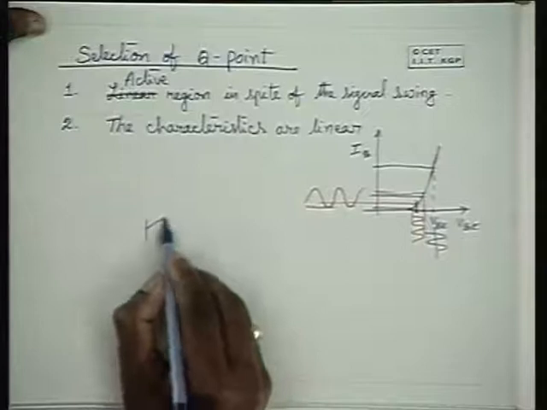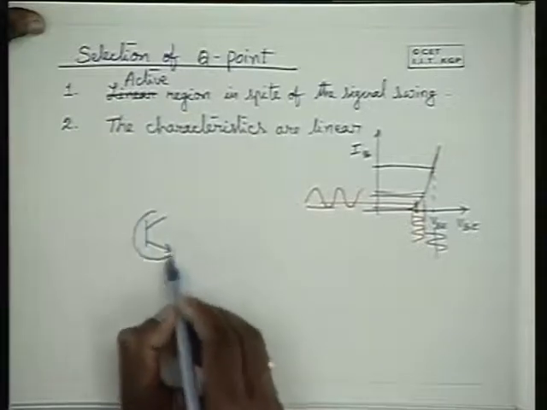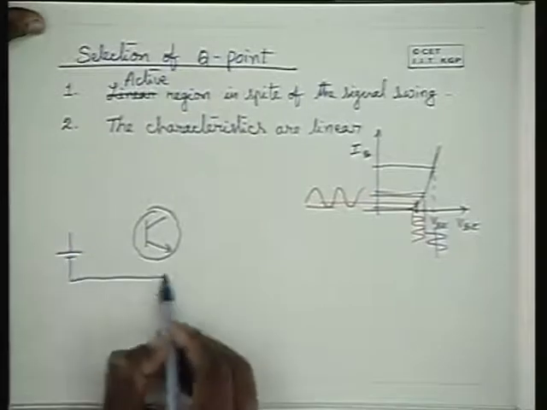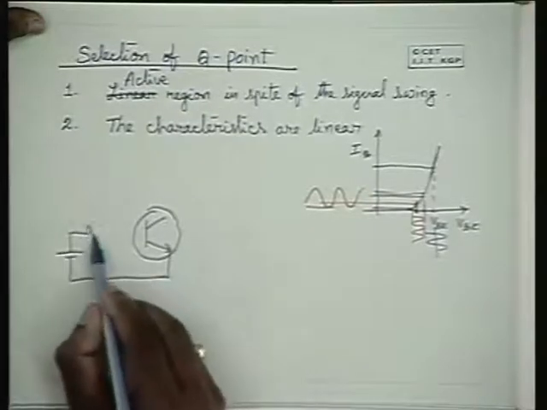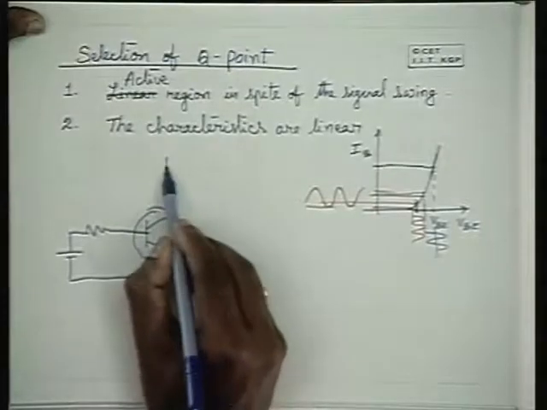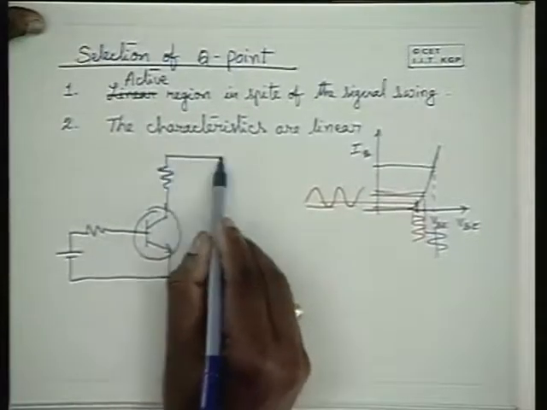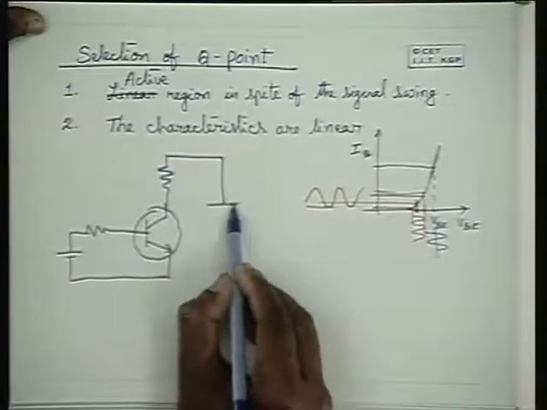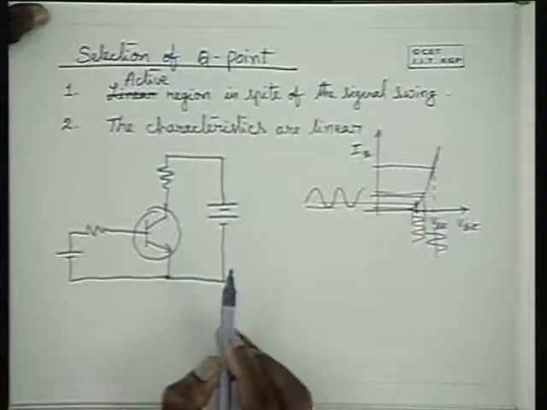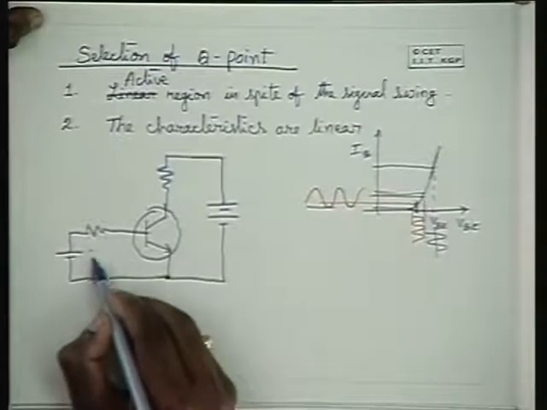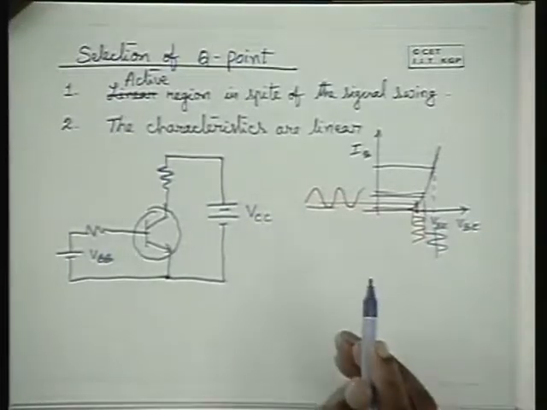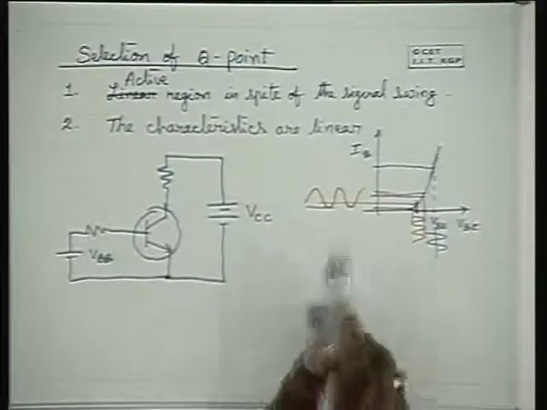We have seen that with one source for the base to emitter junction and with another source between the collector and emitter, we can provide biasing. We can provide biasing with this kind of arrangement.